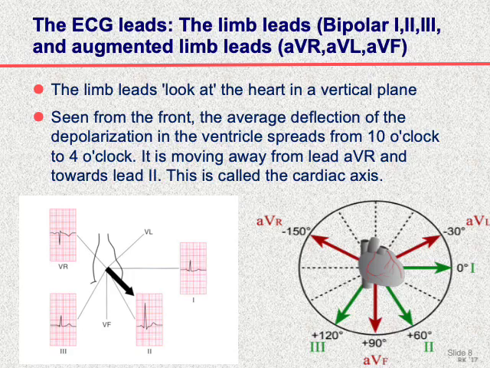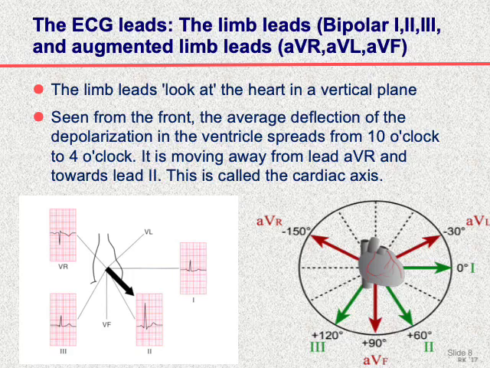Lead AVR is minus 150, so as we see here, it is mainly a negative direction. The main vector of the heart is towards this direction, so this lead will show the largest R wave. This lead will be a smaller R wave, and this is a negative wave. So by this way we can look at the heart from different directions.